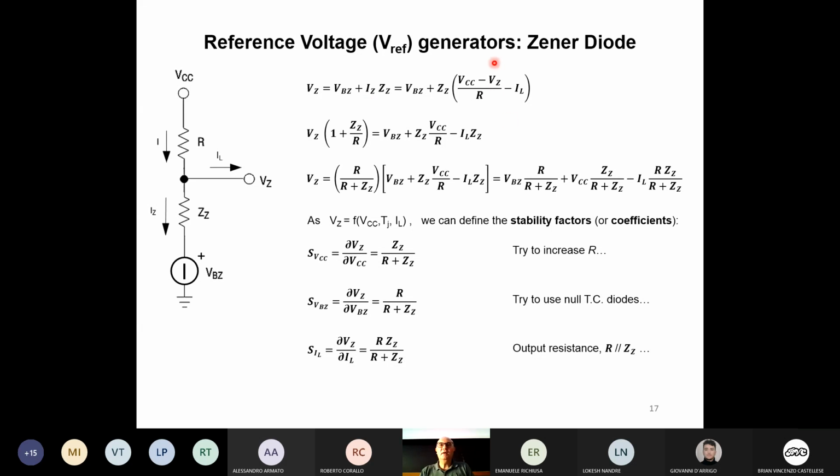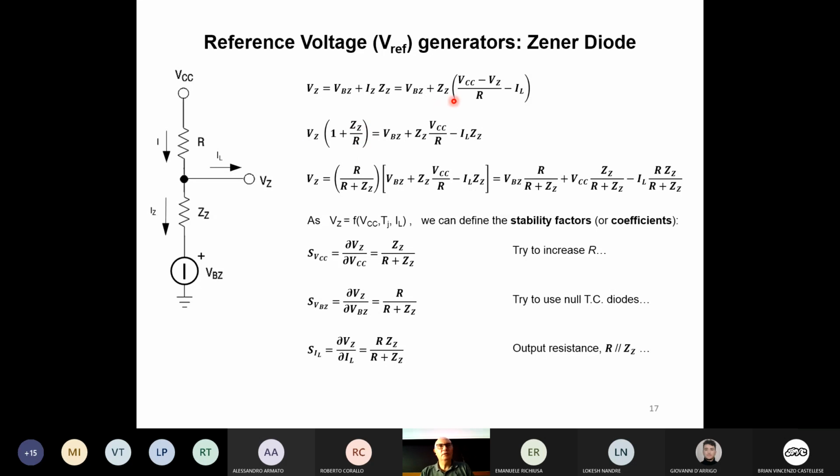Basically, I introduced the same output variable here and here. Now I collect the different parts. So if you see the second equation, here we have VZ. Here VZ is multiplied by minus ZZ over R. So if I take this minus ZZ over R and bring it to the first term, it becomes plus ZZ over R times VZ.